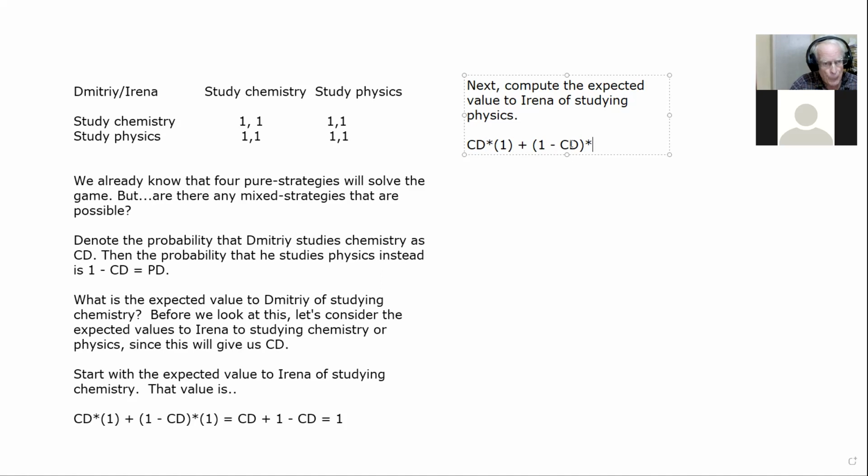Remember that CD is the probability that he is studying chemistry. And then with a payoff of 1 right there. So CD plus 1 minus CD gives the expected value of 1.